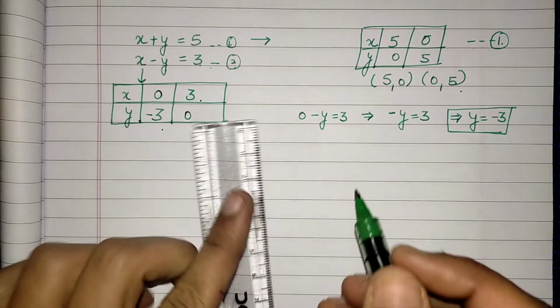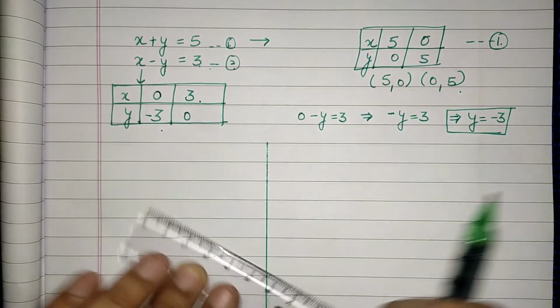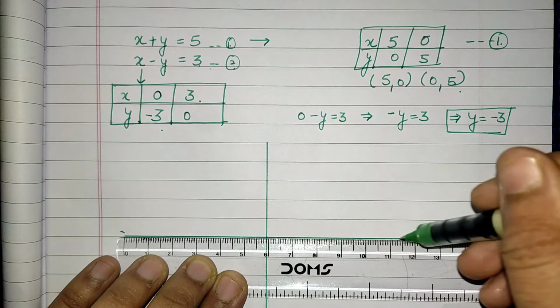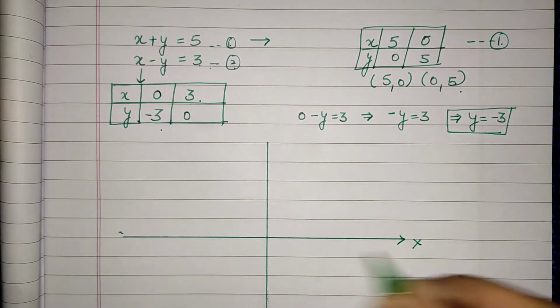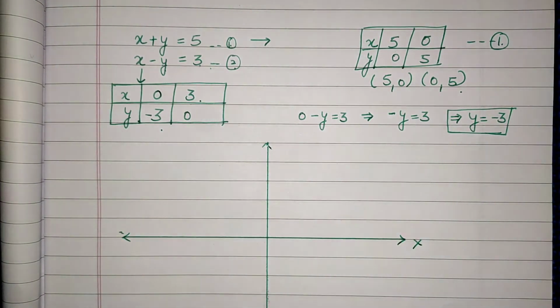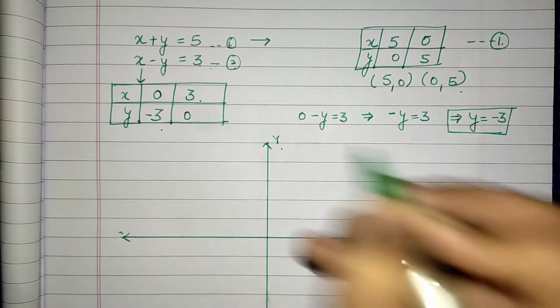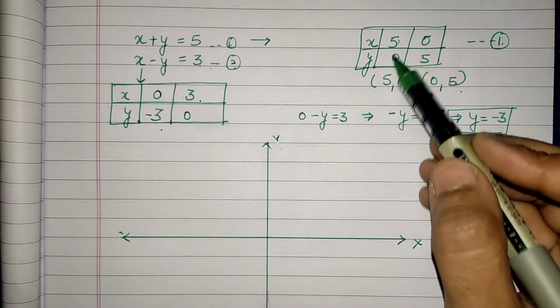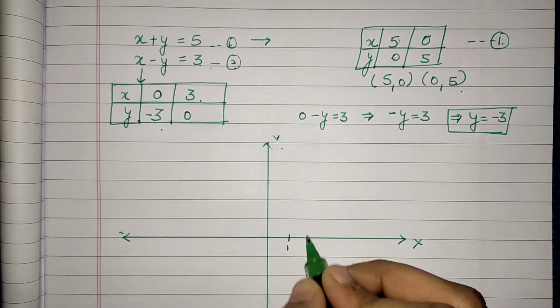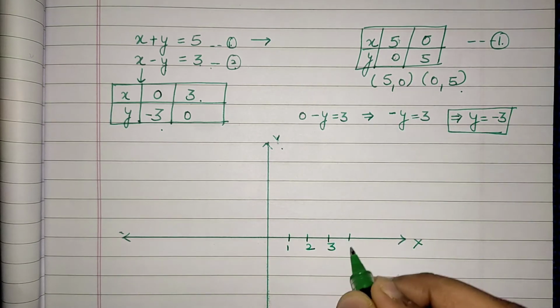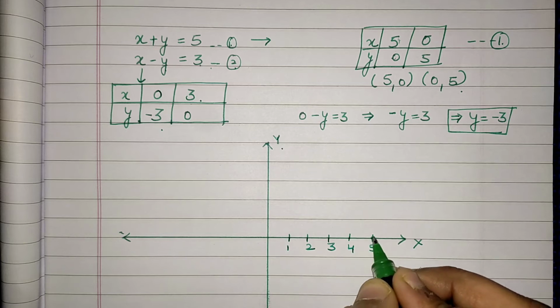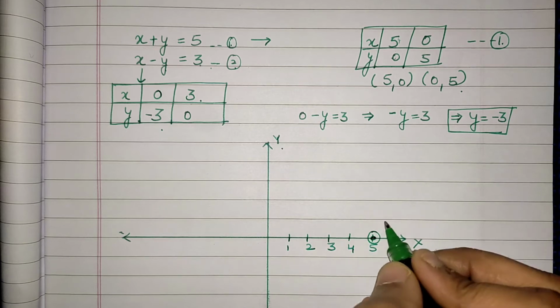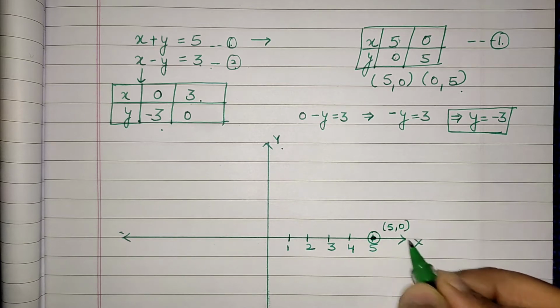So now draw both the lines on the graph. This line represents my x-axis and this line represents my y-axis. If I have to draw my first line using the points, how will I draw it? The point (5, 0) will lie on the x-axis, so this is my point (5, 0).